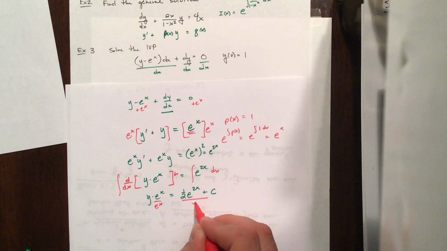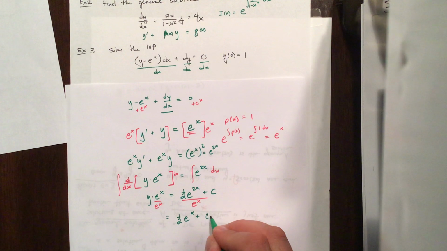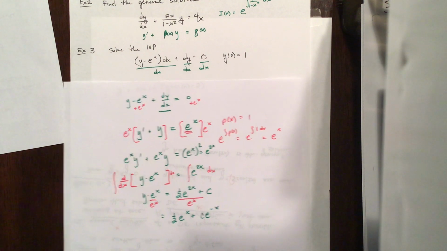There's a summation in the numerator, so when I divide by e to the x on the right, I'm going to have to divide both terms. So that's going to be 1/2 e to the 2x divided by e to the x, which is e to the x, plus c divided by e to the x. Well, that's c times e to the negative x, because the exponent is in the denominator.